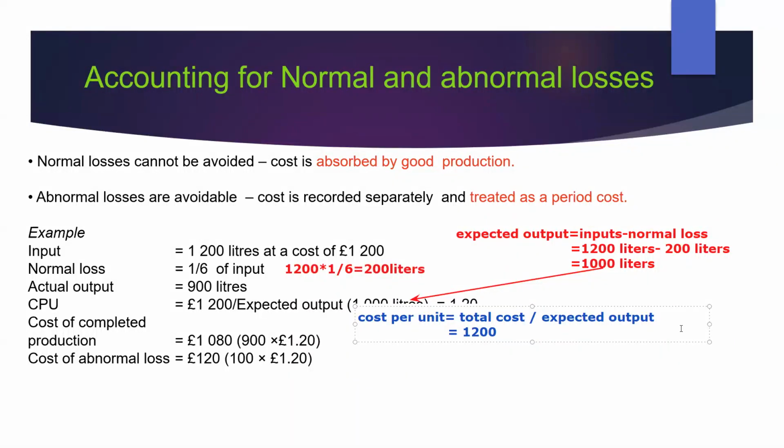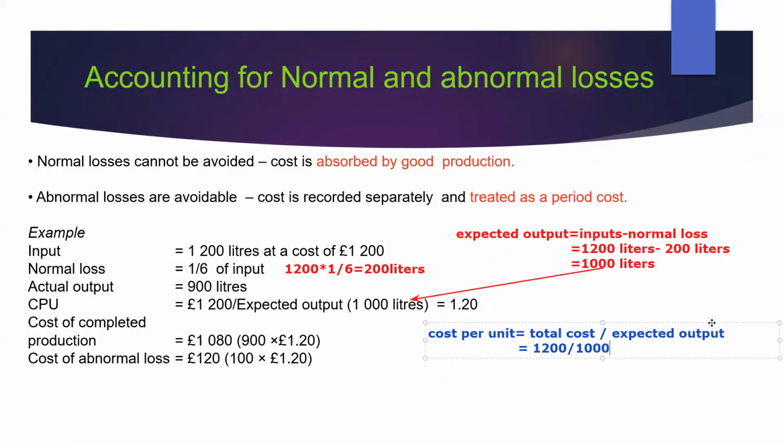From that one, we are going to divide by the expected output. That is 1,000. So the cost per unit here is £1 and 20 pence.